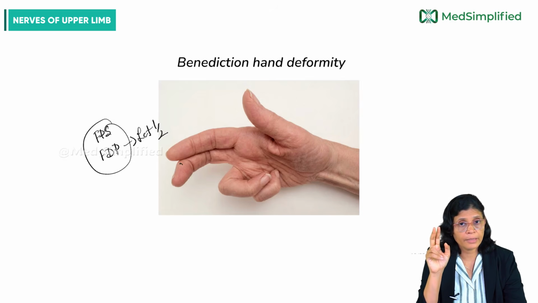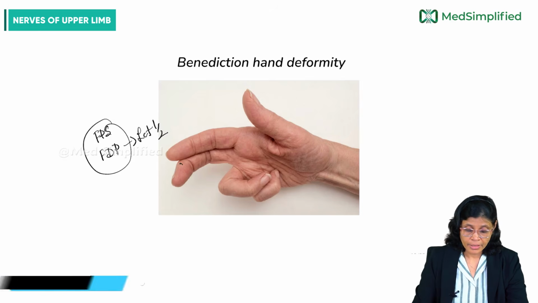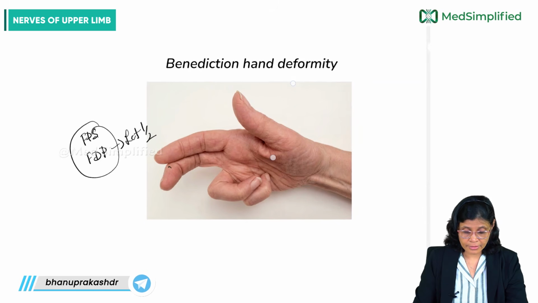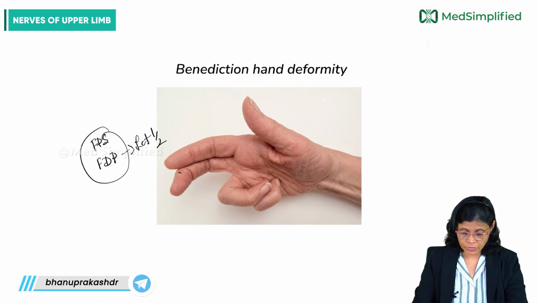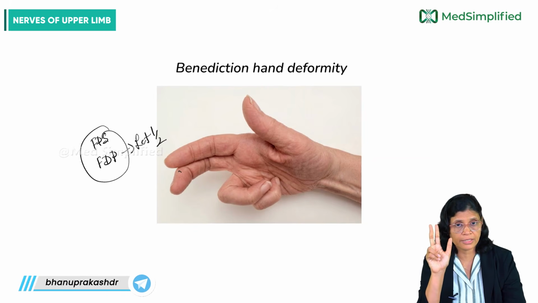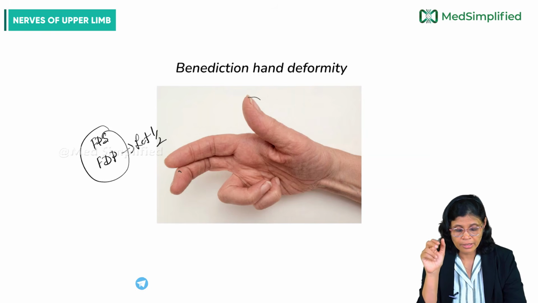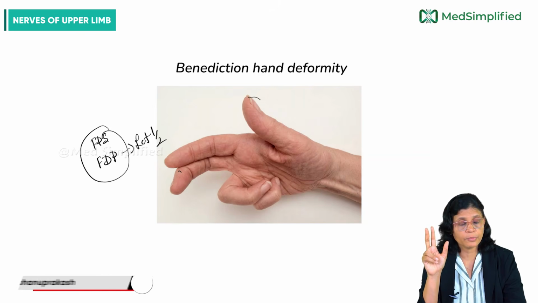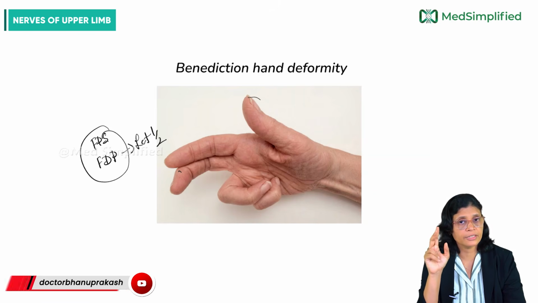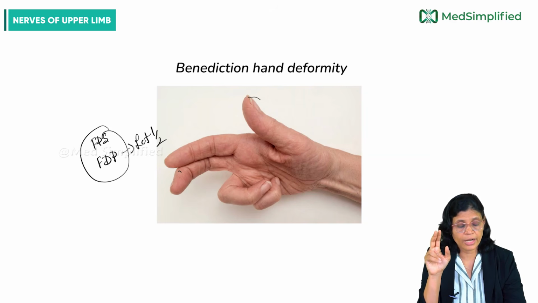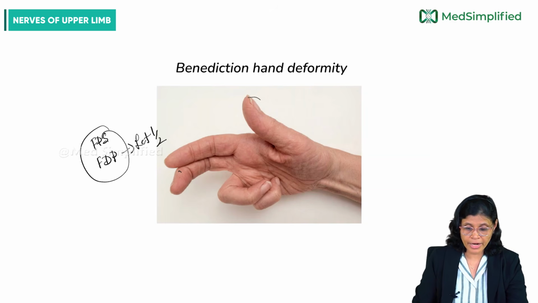So this is known as the benediction hand deformity. Then we have loss of flexion. The thumb also remains straight here, because the flexor pollicis longus is also affected, so there is no flexion of the thumb. Because of which these three fingers remain straight. So this is known as the benediction deformity of the hand.